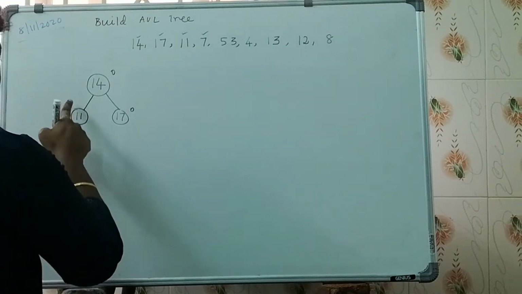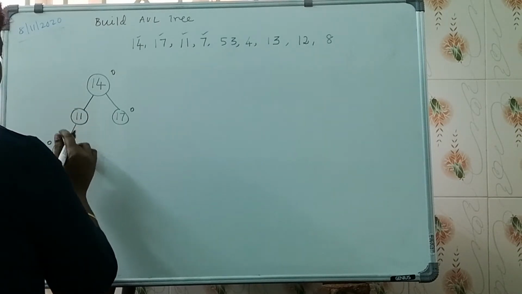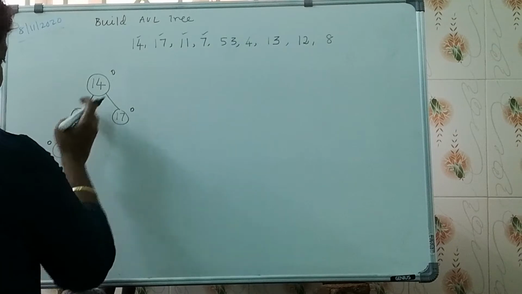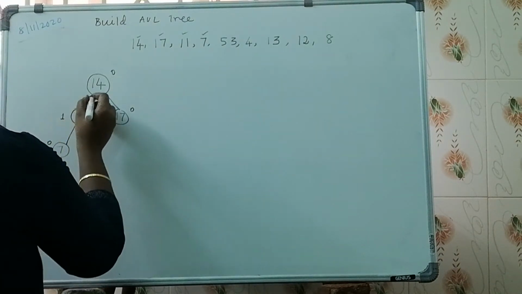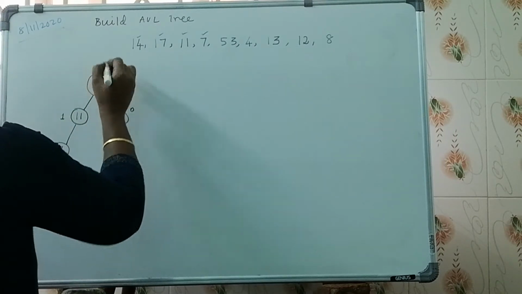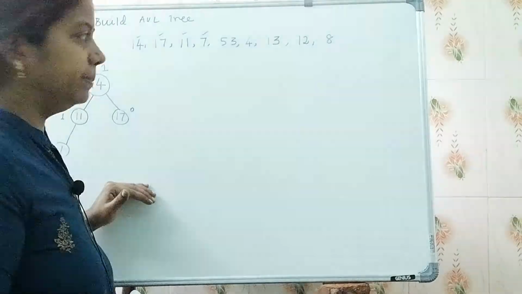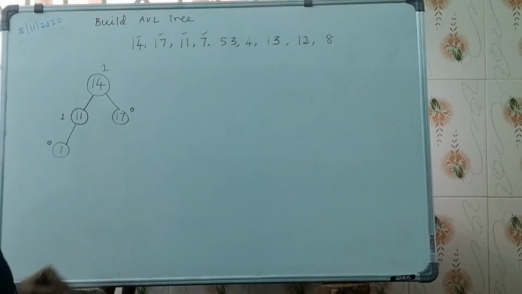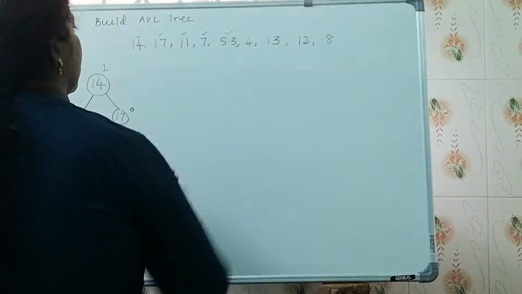This is 0, and this path is the one where the insertion happened. So 1 minus 0, this is 1, and then 2 minus 1, this is also 1. So no problem.